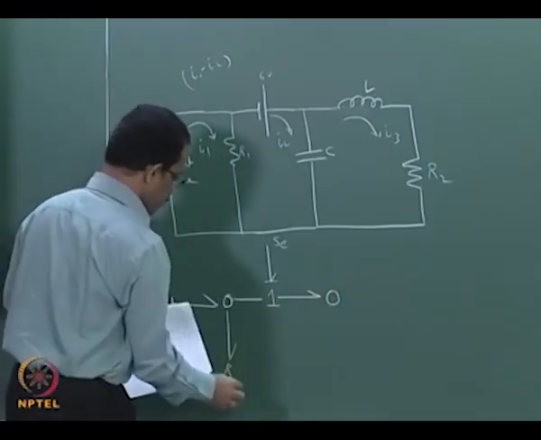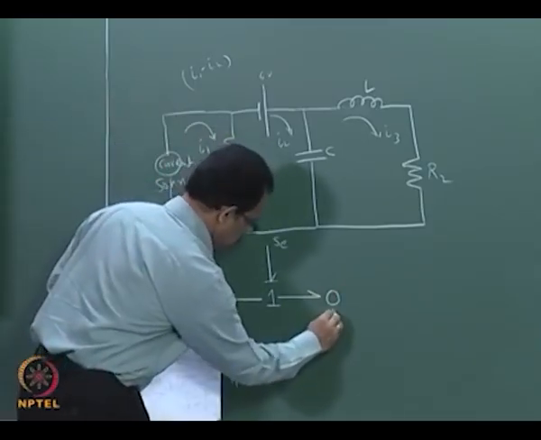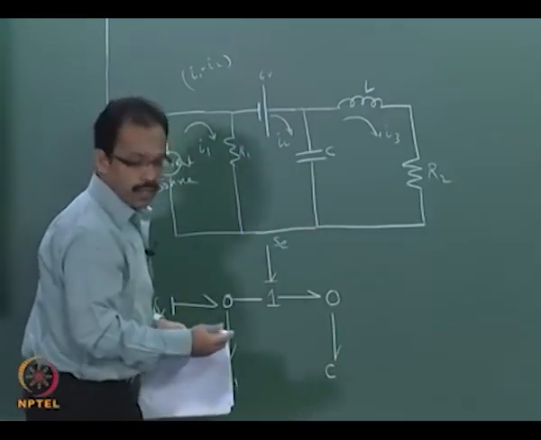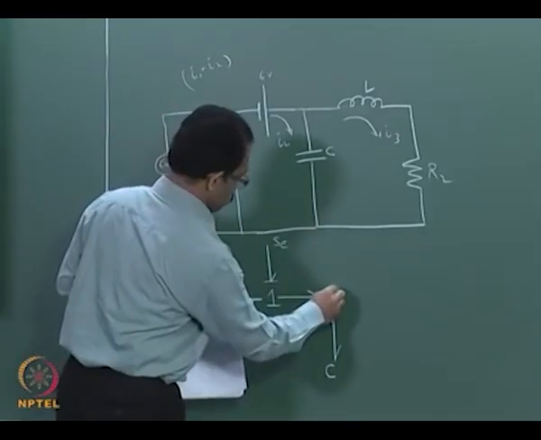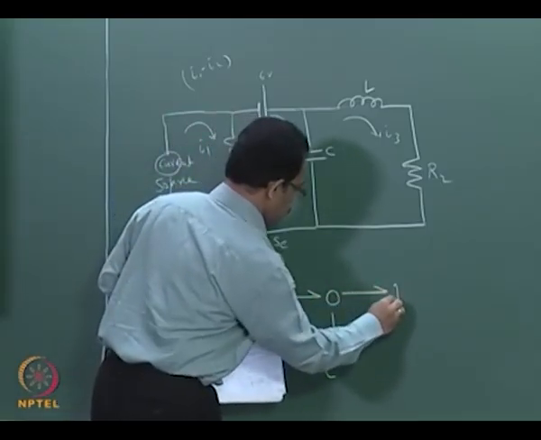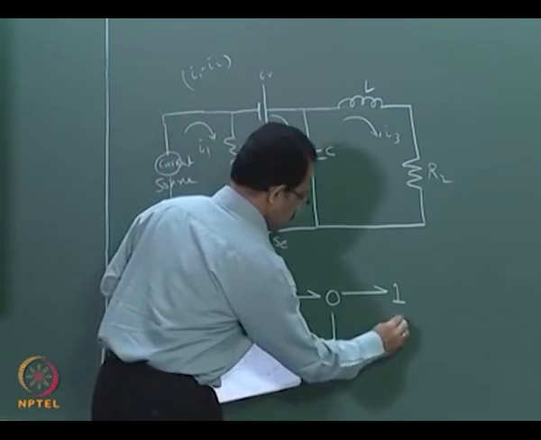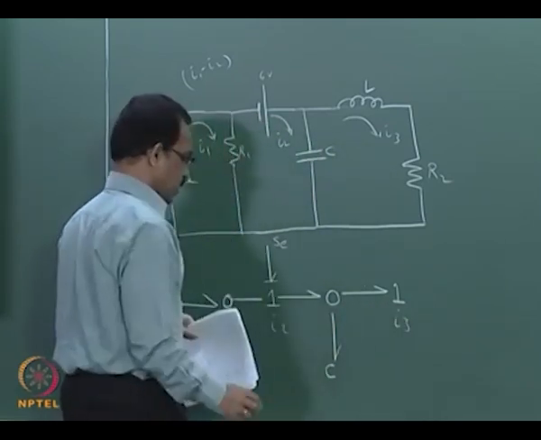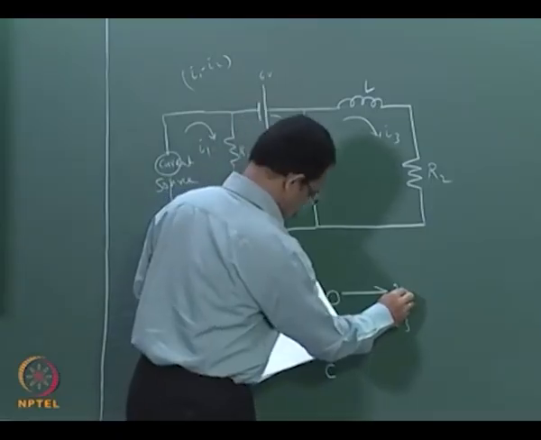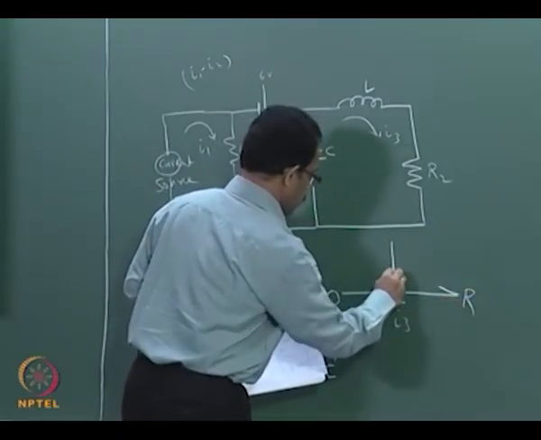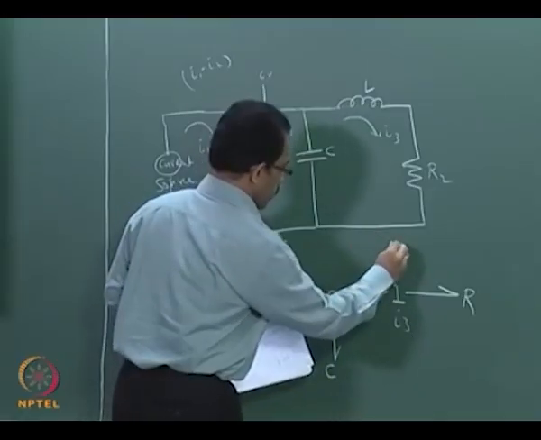Here there will be an I2, and then we have this C element, the capacitor, and then we have I3, that is a 1 junction where we have this I3. Here is I2 and I3, and this is attached to the R element and the I element.